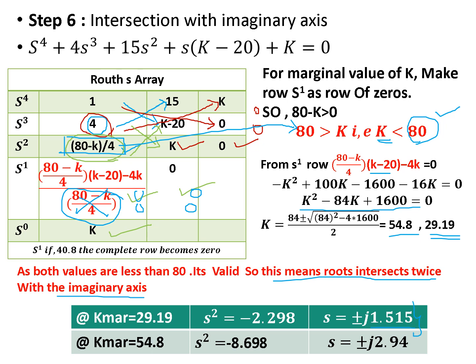So this is the value that it has to cross and move towards infinity. Again, the other value is plus or minus j 2.94. So this is another value of intersection that has to cross from the breakaway point.